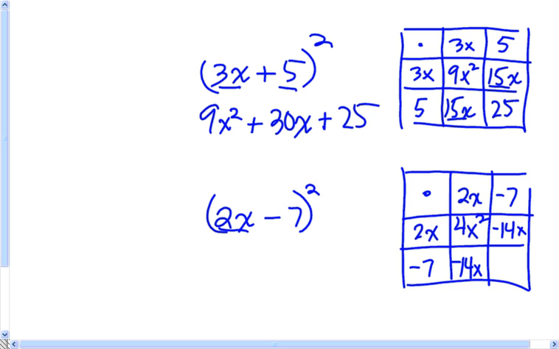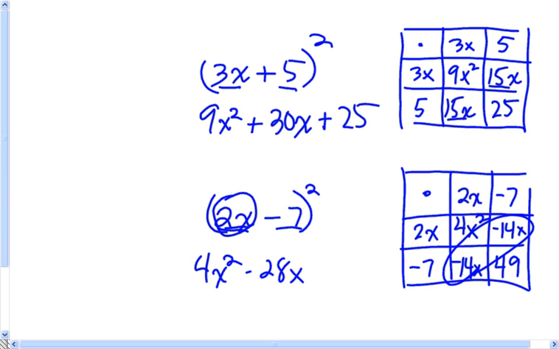And then negative 7 times negative 7 is 49. So we have 4x squared, then 2x times negative 7, which is negative 14x, but we have that twice, so that makes negative 28x. And then negative 7 times negative 7, which is positive 49.